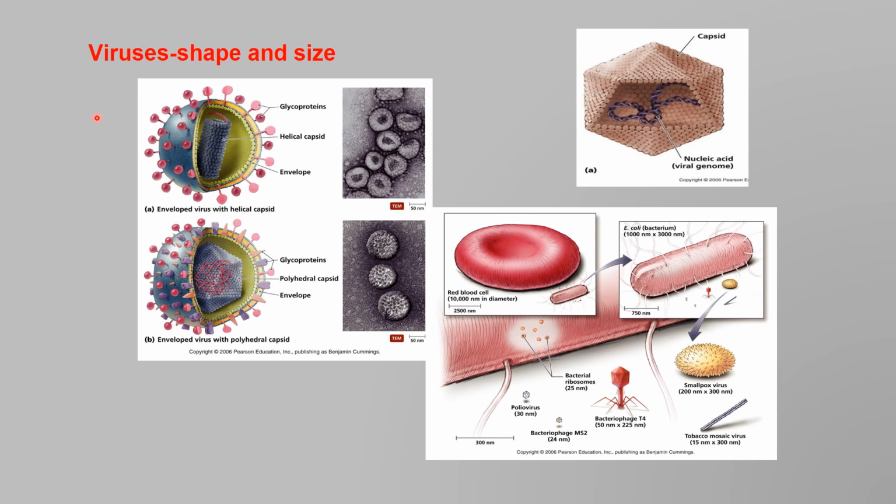So looking at the left-hand side, this is the capsid, and the capsid is in the center in this case. That's a helical capsid. This is a polyhedral capsid, and they can have any number of sides. So some of them will have more sides than this. But the capsid will house the genome, whatever that genomic material is.